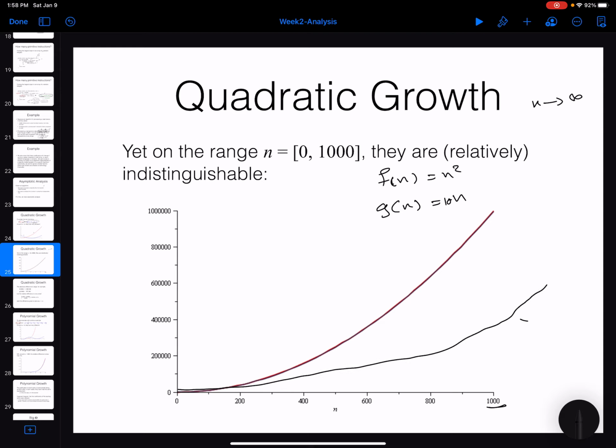And now you can see that the growth ratio of this function, g of n, is going to be way slower than f of n, which is n power 2, right? So it's clear that g of n is going to be better, because it is slower.